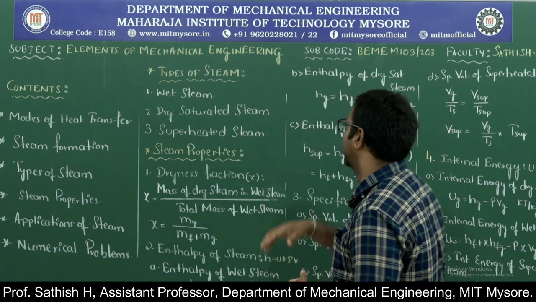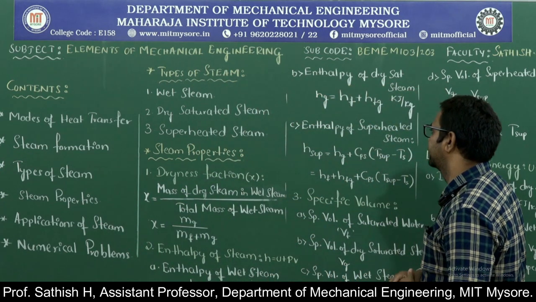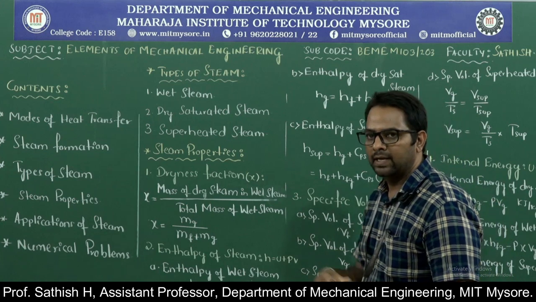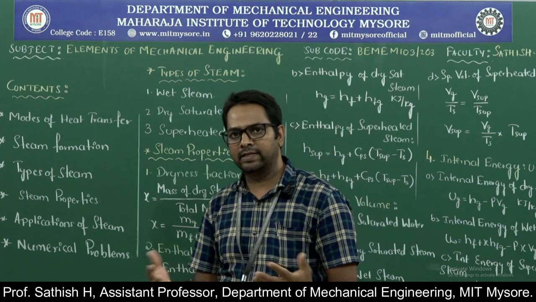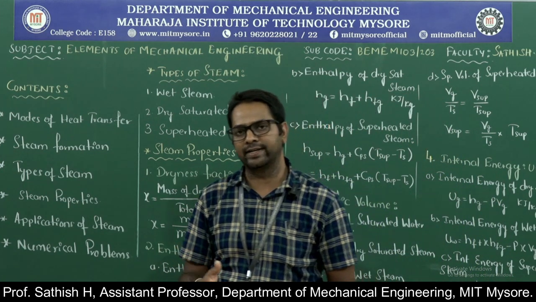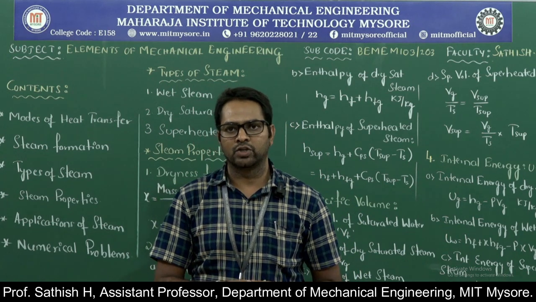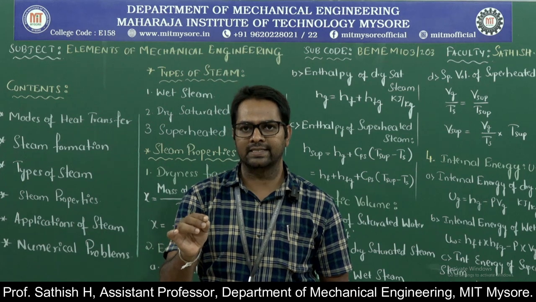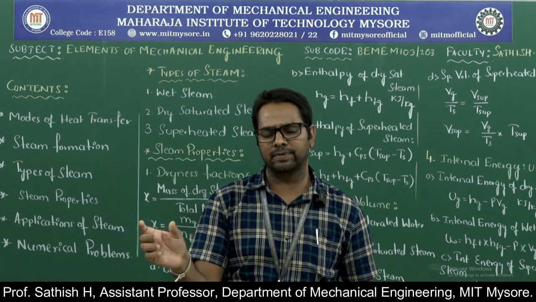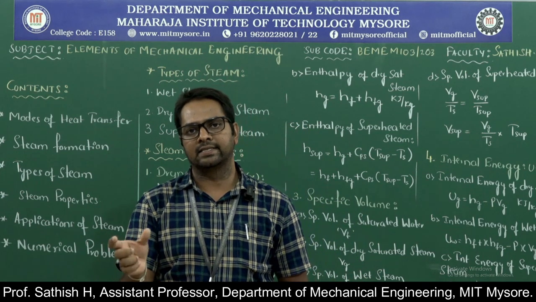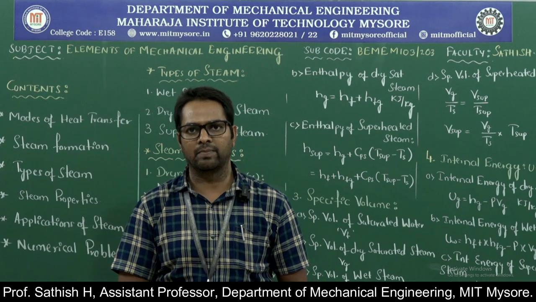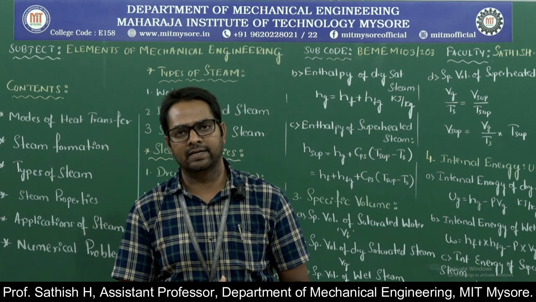So we take 1 kg of water, initially at 0 degree centigrade, and keep on adding heat. The saturation temperature is reached, and after that it absorbs the latent heat of evaporation and is converted into dry steam.